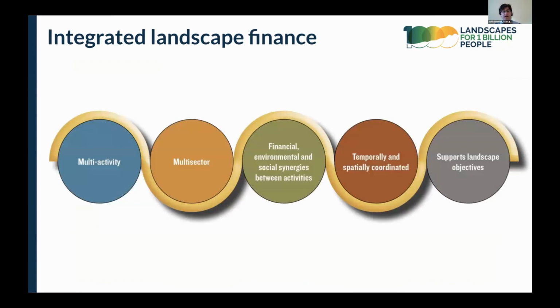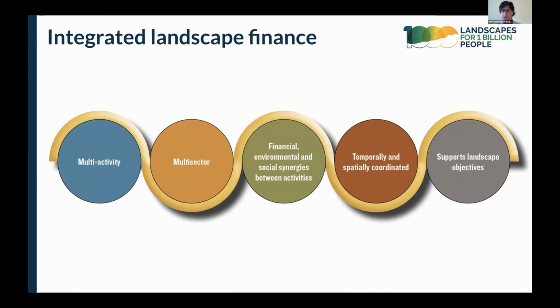So integrated landscape finance mechanisms. What makes these different? That's the topic we're discussing. So what does that mean? Well, some of the businesses and the projects in the investment portfolio will be able to self-finance or access sources of finance that are well known to their developers, but others will benefit from new kinds of financing for multi-sector, multi-project alignment.